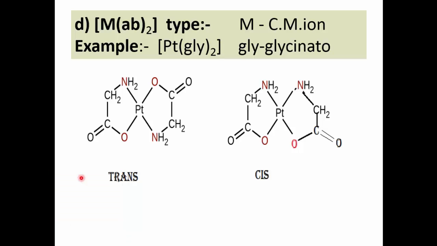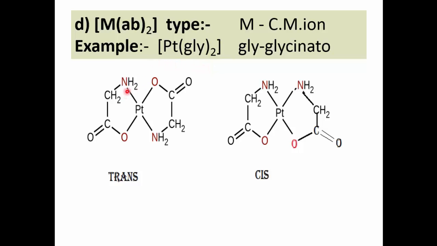That means this ligand contains 2 donor atoms, therefore bidentate ligand. So in this case, of course, M is the central metal ion and AB is the bidentate ligand. For example, see, this is platinum coordinated to glycinato ligand. This glycinato contains 2 donor atoms.